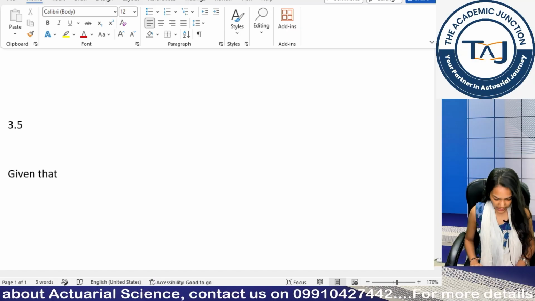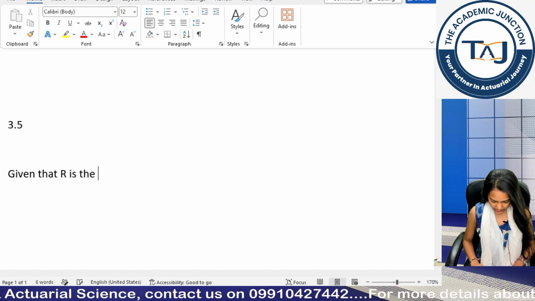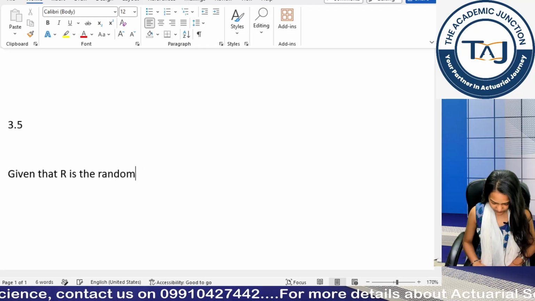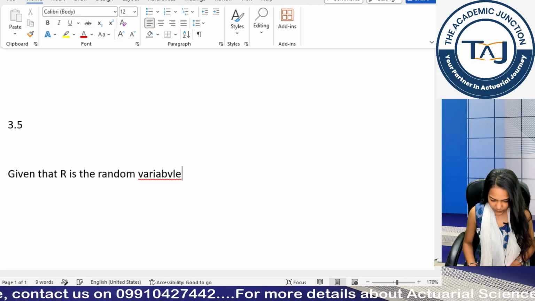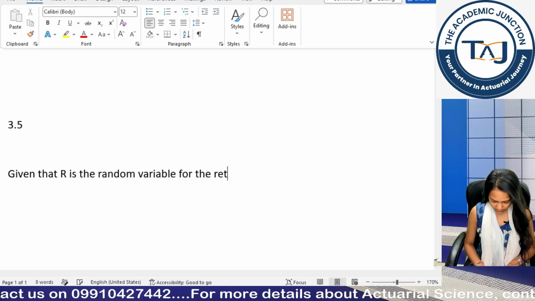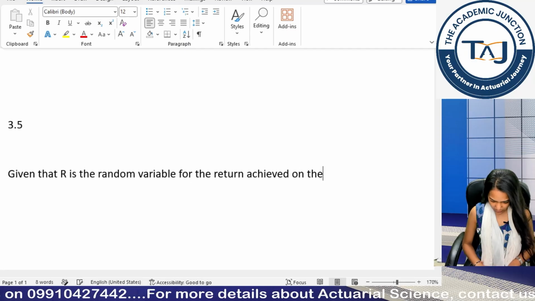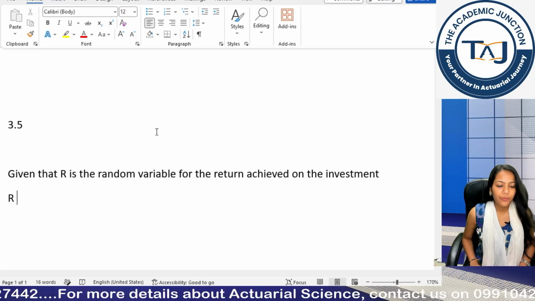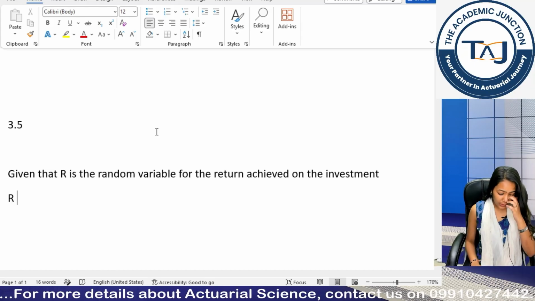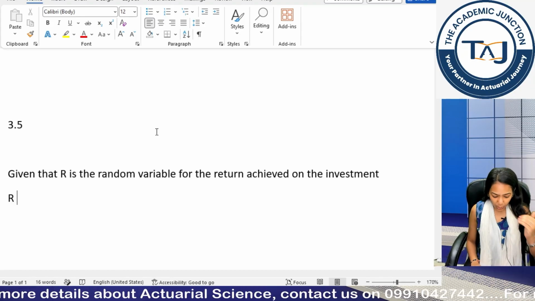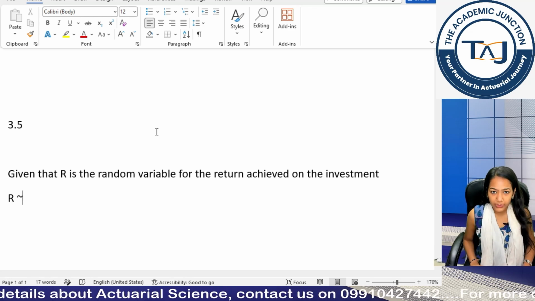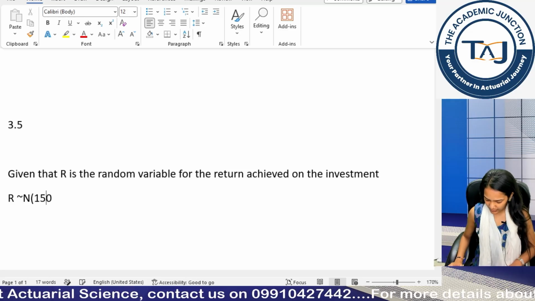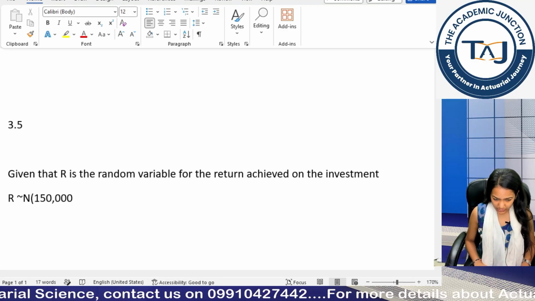Given that R is the return achieved, R is the random variable for the return achieved on the investment, and we have been provided that R follows. For the follows symbol, on the left side of your keyboard, below the escape button, you have this squiggle sign, the tilde. Keep this normal, and then we have 150,000.